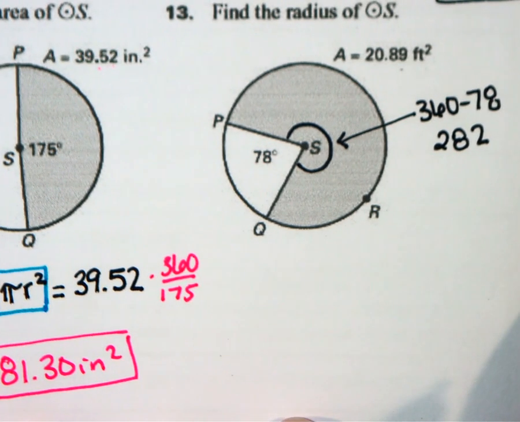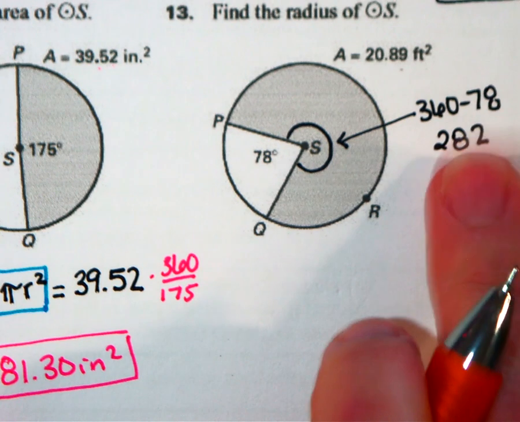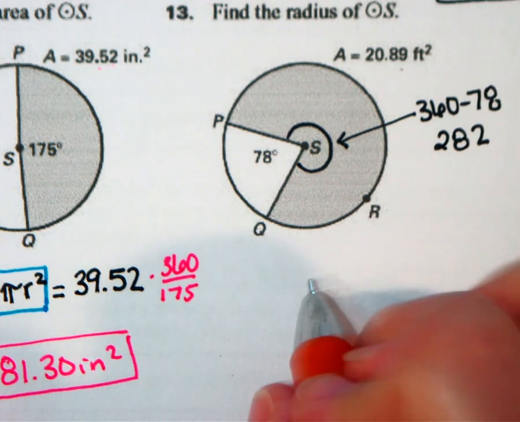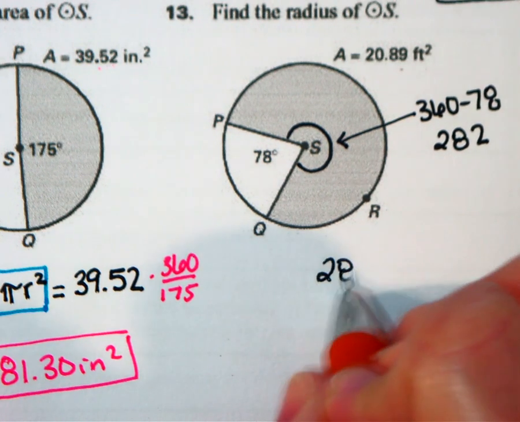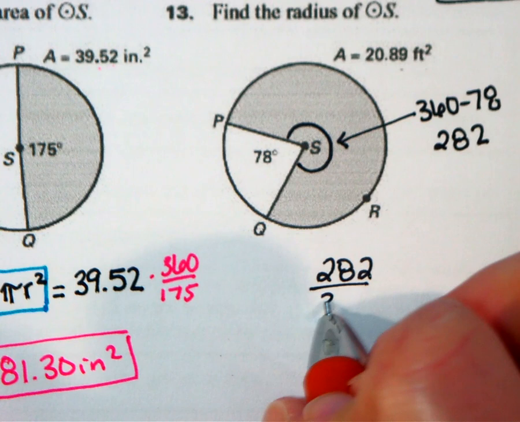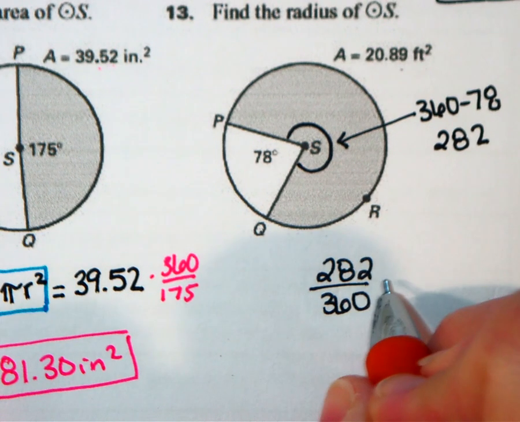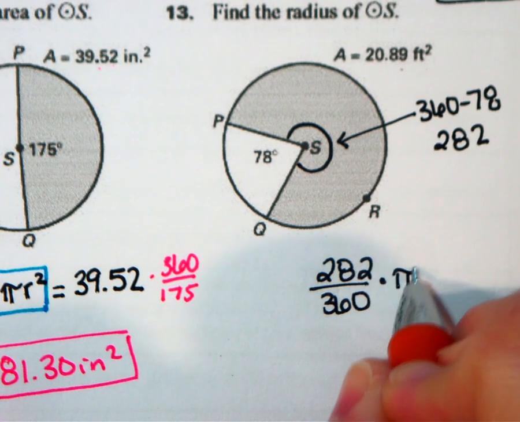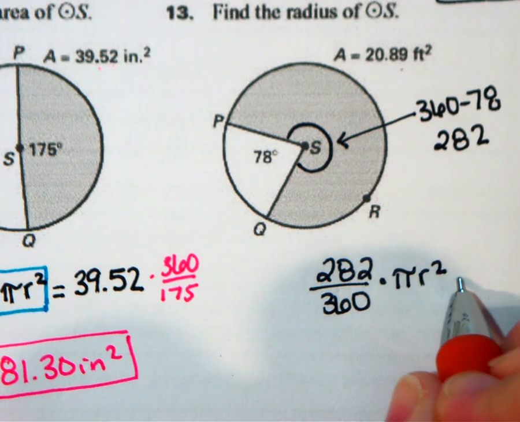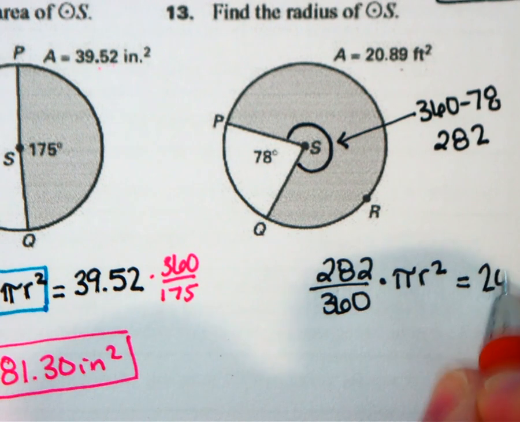Sorry about that. 360 minus 78 is 282. So 282 is what I'm going to use in the actual problem. So 282 over 360 times my circle area gave me the answer 20.89.